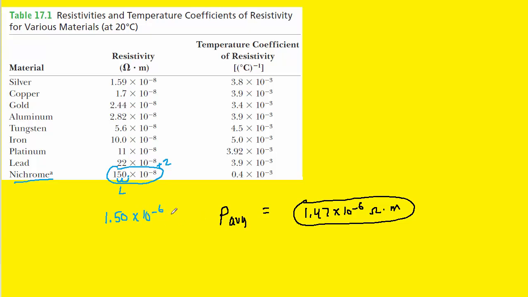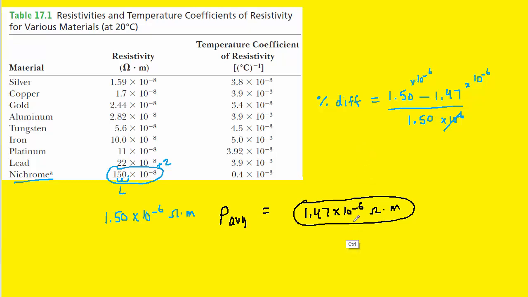And so now that we have them in the same basic form, we can basically do a percent difference, which can be calculated by taking the known value of 1.50 times 10 to the minus 6 and subtracting 1.47 times 10 to the minus 6, and then put that over the known value. Now you'll notice I'm omitting the times 10 to the minus 6 because if I entered it in right here, and here, and then in the bottom, they would actually all cancel out.